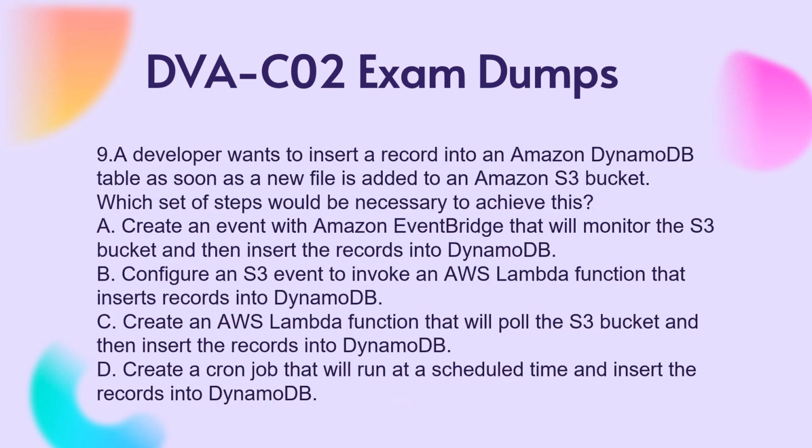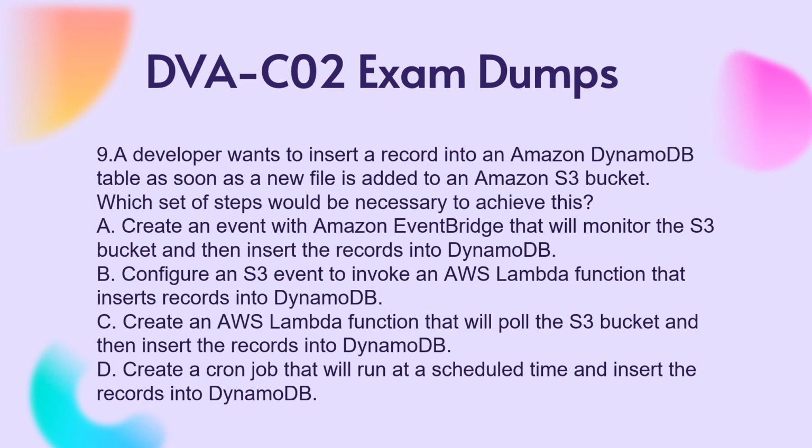9. A developer wants to insert a record into an Amazon DynamoDB table as soon as a new file is added to an Amazon S3 bucket. Which set of steps would be necessary to achieve this? A. Create an event with Amazon EventBridge that will monitor the S3 bucket and then insert the records into DynamoDB.